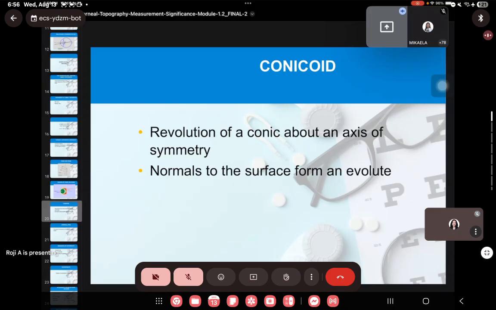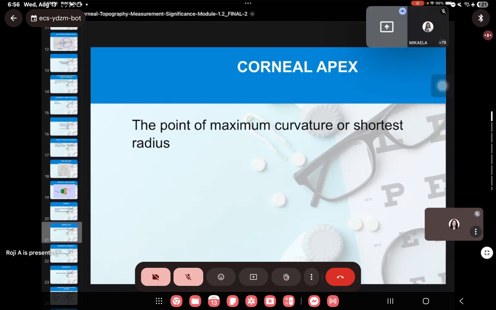That's why it is circle. That's why if you go in circle, you're going around and around and around, which means you're not going anywhere, correct? Okay. Has normals to the surface. Now, the corneal apex, which we also call the CAP, right? The point of maximum curvature or shortest radius.